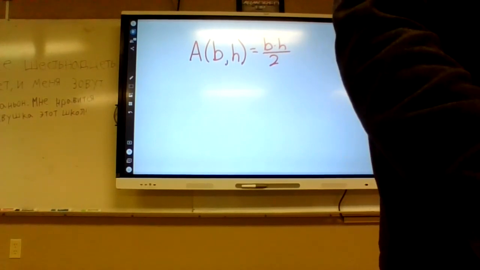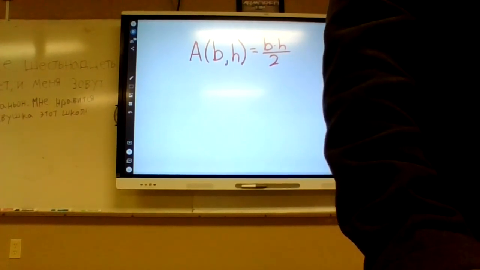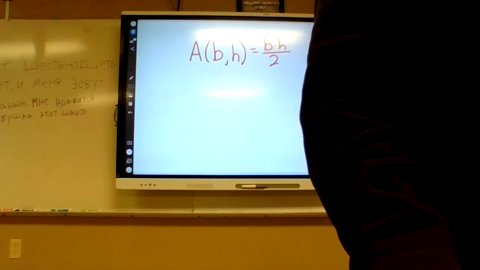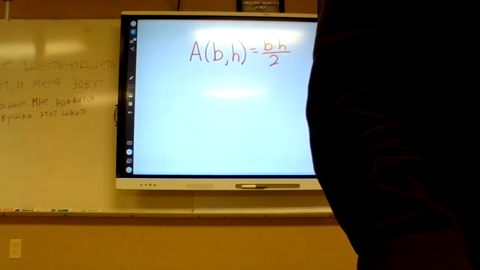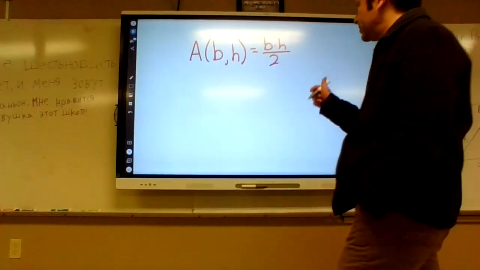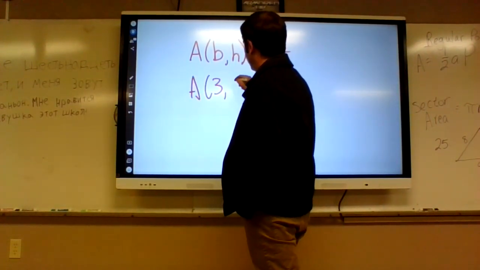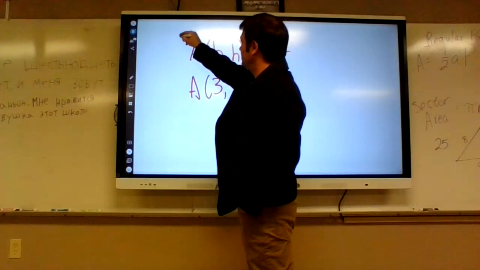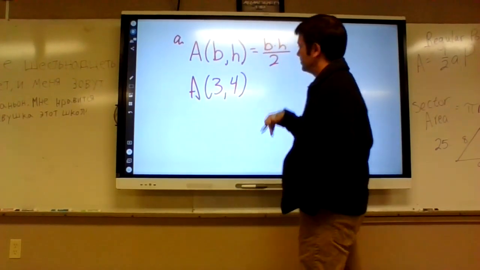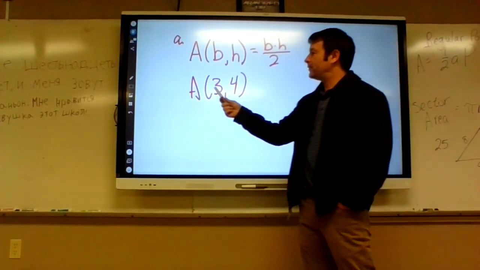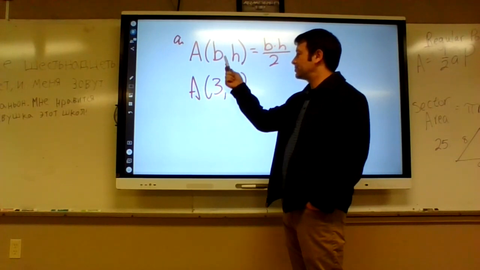The area A of a triangle is a function of the base B and height. Okay, so what do they mean by A of 3, 4? They mean find the area if the base is 3 and the height is 4.